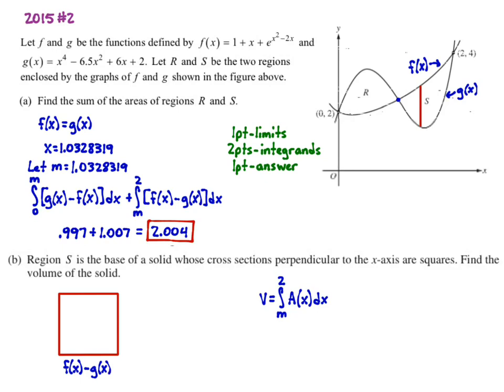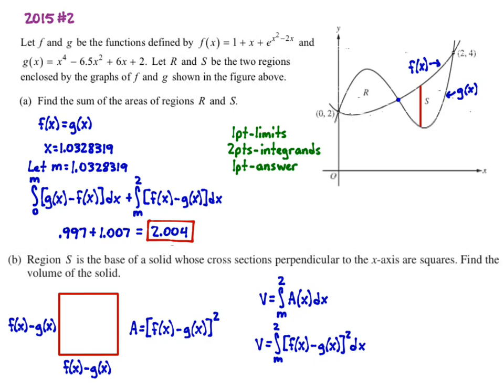Because it's a square, the height is also f minus g, and the area of a square is just length squared, so it'd be (f minus g) squared. I can take that and plug it into my integrand. So I have the integral from m to 2 of (f(x) minus g(x)) squared dx, and then just typing that into your calculator very carefully, you end up with 1.283.